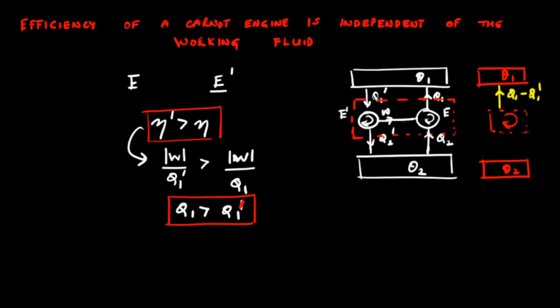Now if you look at this combined system, it is operating in a cycle. So you can apply the first law of thermodynamics, and the net heat that is being transferred to this combined system is Q1 prime plus Q2, and there's no work that is delivered or produced by this combined system, so that should be equal to the net heat that is being rejected from this system, and that is Q2 prime plus Q1.